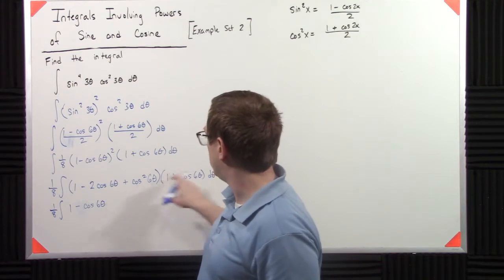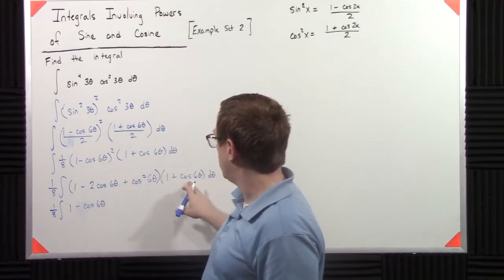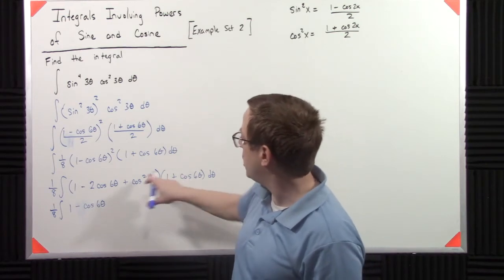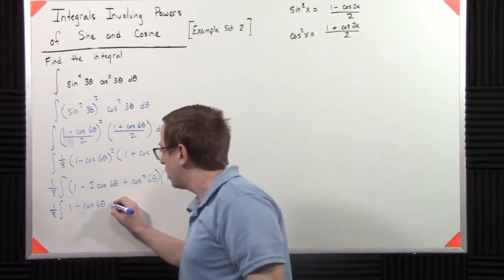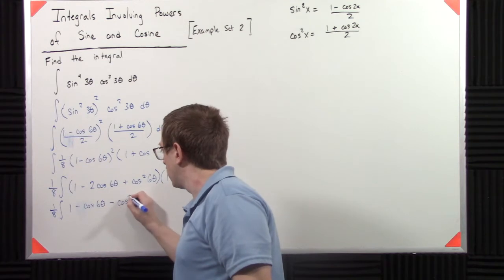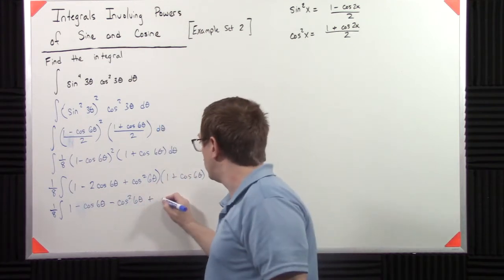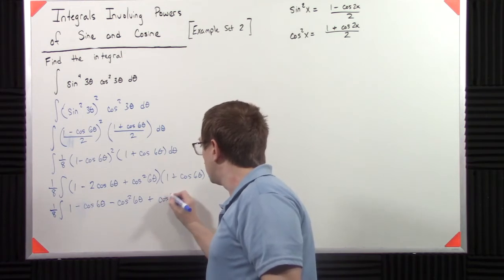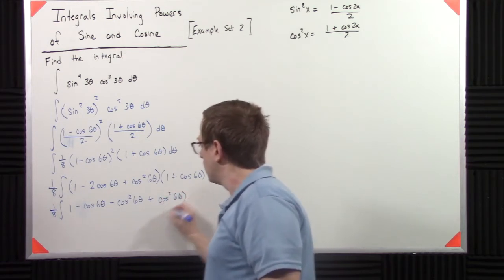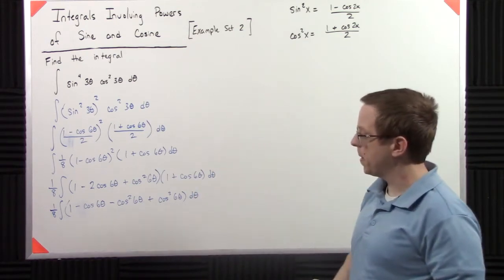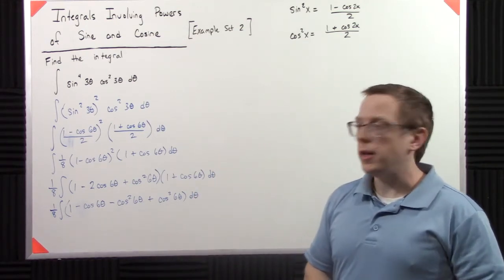So there's 1, there's going to be that, and that. So this becomes negative 2 cosine squared 6 theta, but then you add another cosine squared 6 theta. And then finally you get that. So yuck, right?